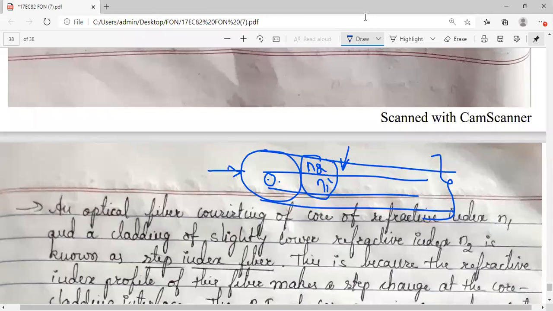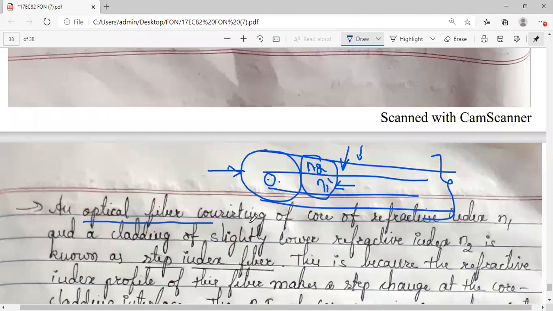N1 should be greater. Very good. The refractive index of the core should be greater than the refractive index of the cladding. This is the very important condition we have considered throughout. Otherwise, the ray theory and all we have considered, we won't be studying at all. So the condition is that the refractive index N1 should be greater than N2.